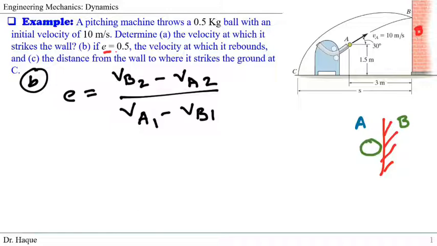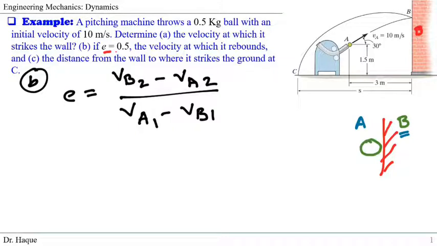So VB2 is the velocity after the impact, and VA2 is the velocity of that ball after the impact. VA1 is the velocity of the ball before the impact. VB1 is the velocity of the wall B before the impact.